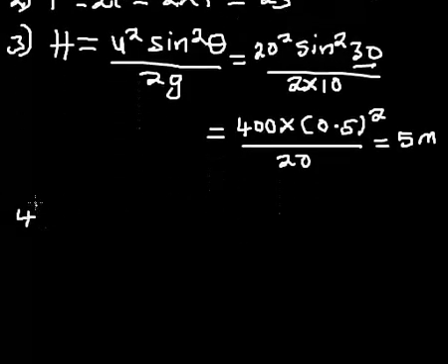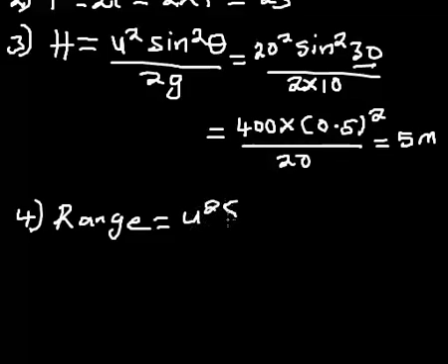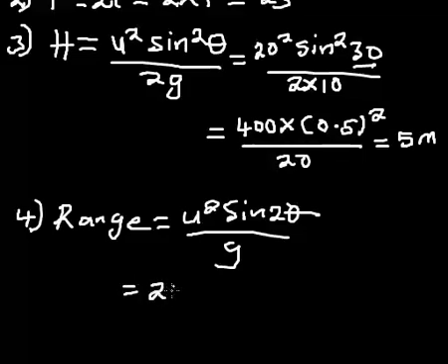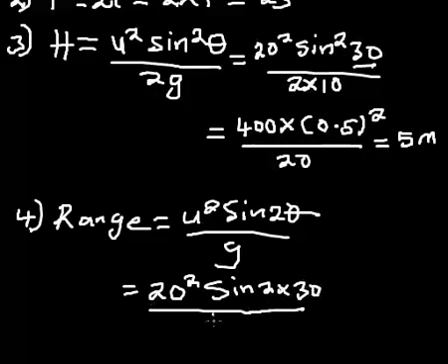The last but not the least, the range, which you already know is u square sin 2 theta, then divided by g. So it's going to be equal to 20 square, then sin 2 times theta, that's sine 2 times 30 divided by 10.